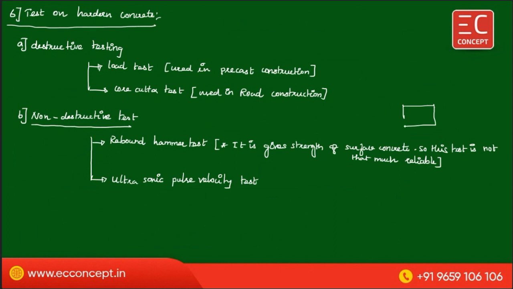For example, on a wall we fix the hammer and give energy, and the energy absorbed by the member rebounds back to the hammer. Based on the energy returned, it gives the strength. But the problem is that it gives only the surface concrete strength, not the inside concrete strength, so it is not reliable.